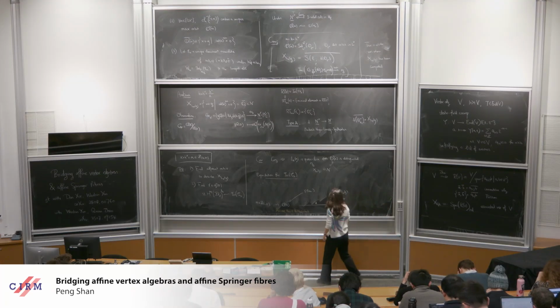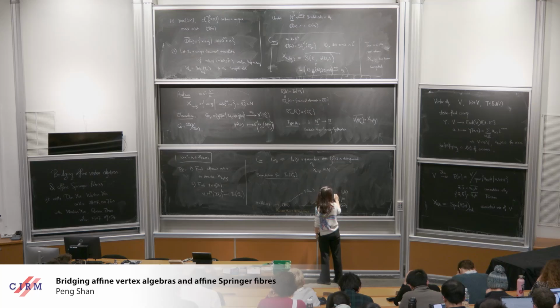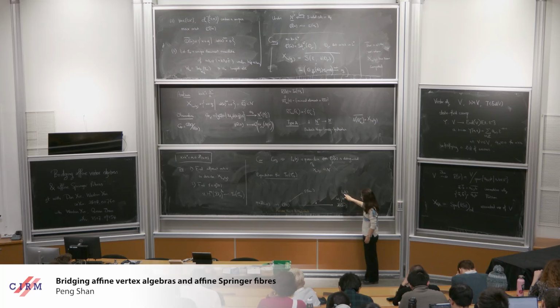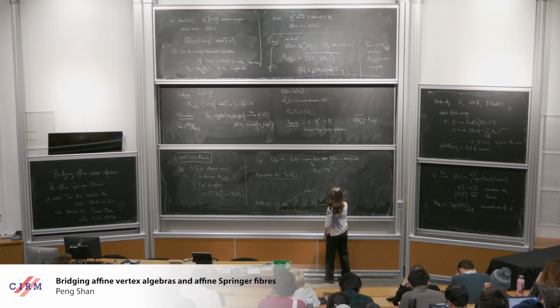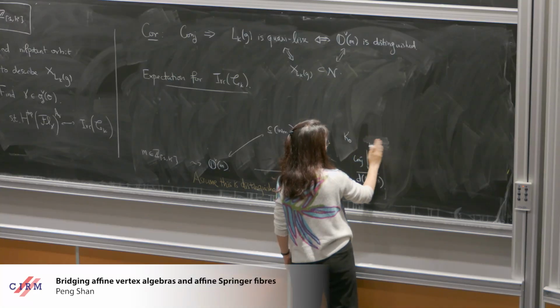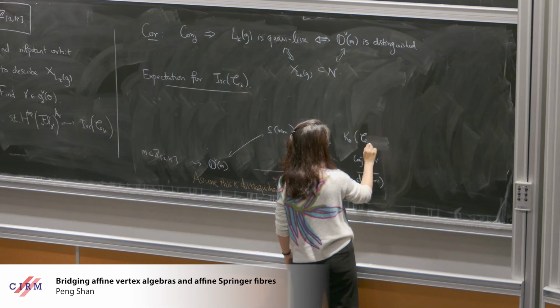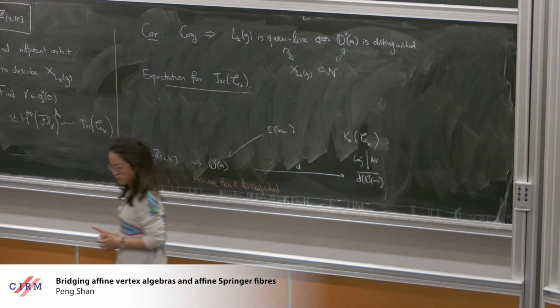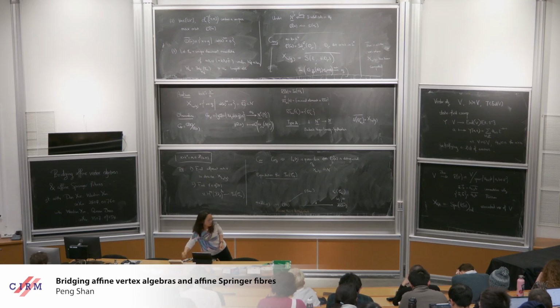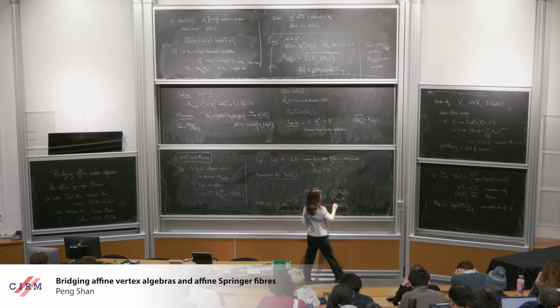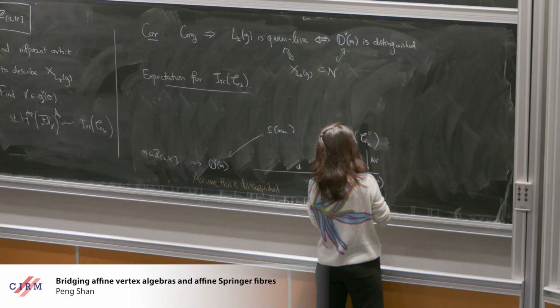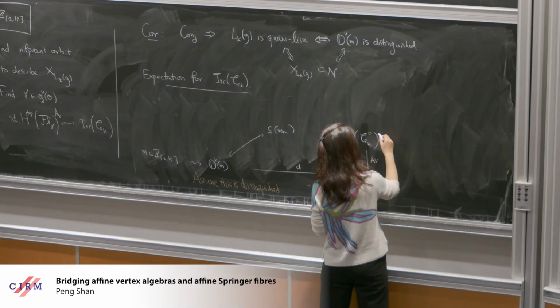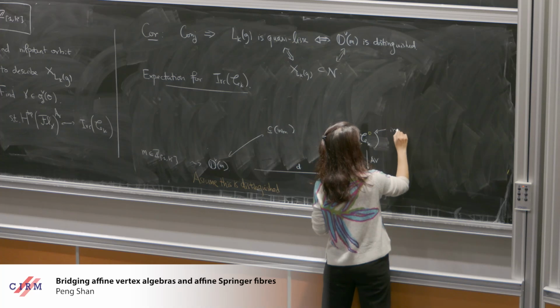Now I consider the K0 of highest weight representations here. That means I consider the K0 of this category CK I explained here, but actually I need to take the principal block for the discussion here. So this is all the LKG modules in the principal block.